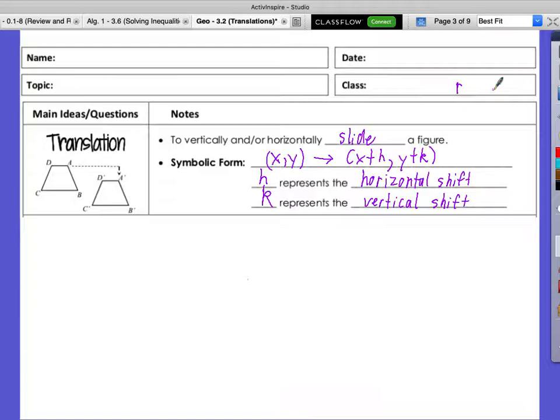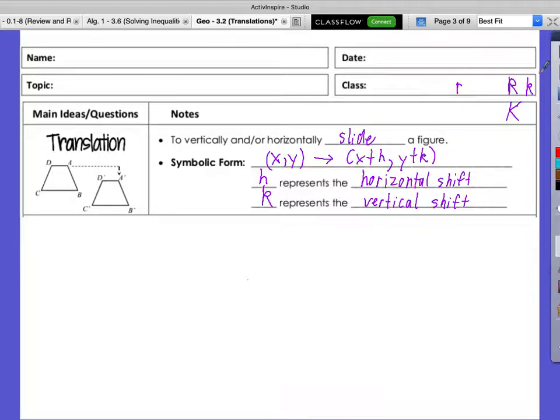What's your capital K? Write it next to the R. No. Okay, enough of that.